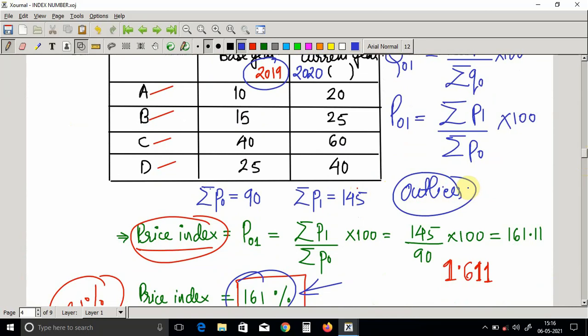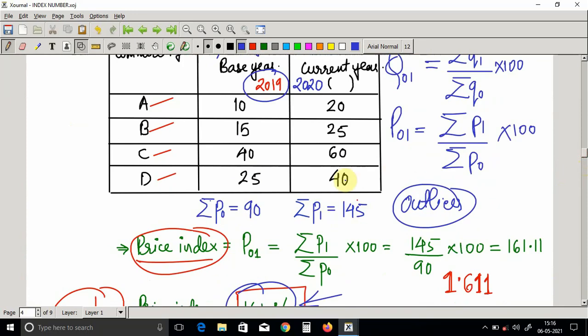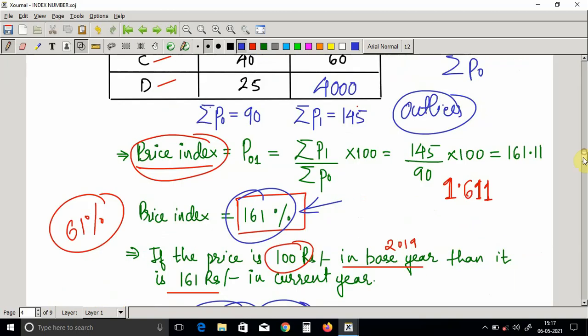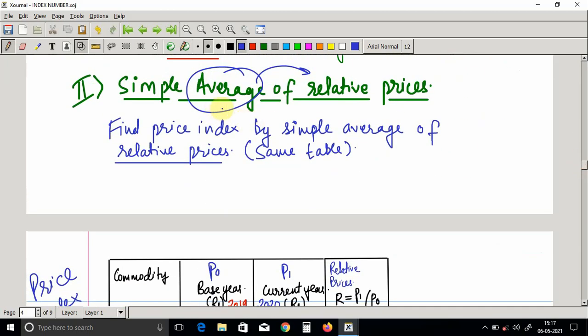That is a very big disadvantage of the average, because अगर suppose कि यहाँ पे कोई commodity 4,000 रुपीस में सेल हो रही है 2020 में, 25 रुपीस था 2019 में, and now you have to pay 4,000. So obviously your price index number will be affected by this. Same thing will happen with this method also.